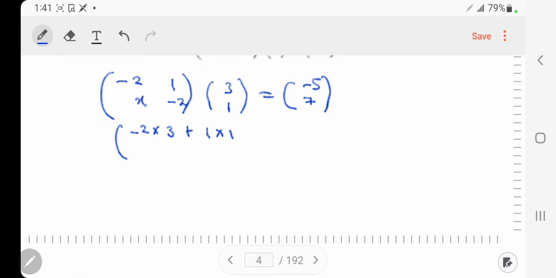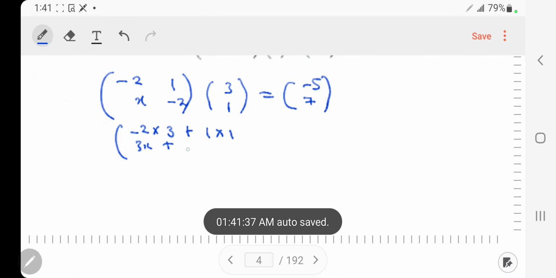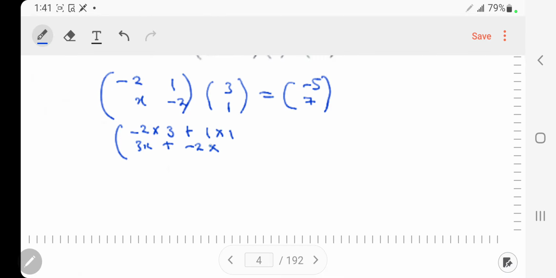Then we also have x times 3, it will give us 3x. Then plus negative 2 times 1. This should be equal to, according to what we have been given, negative 5 and 7 like this.